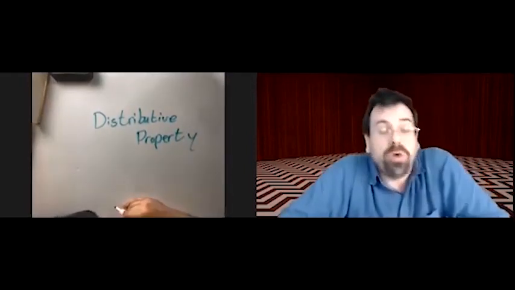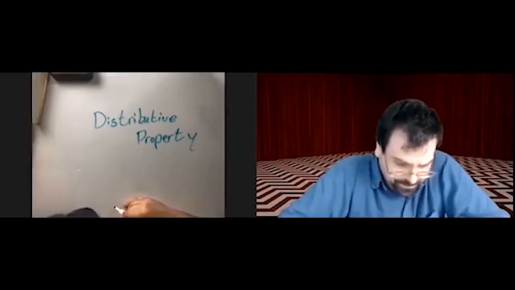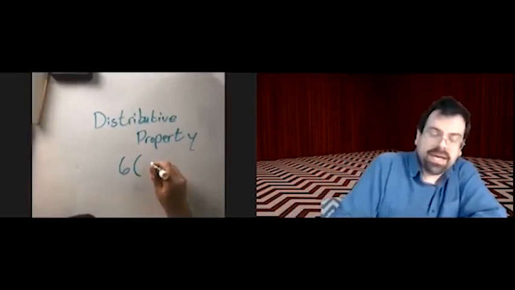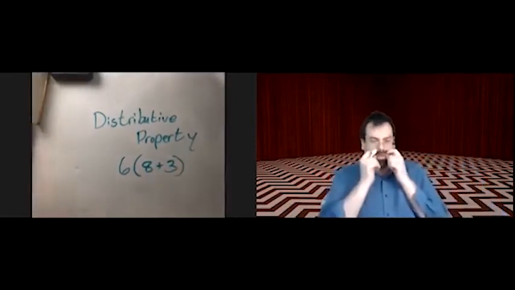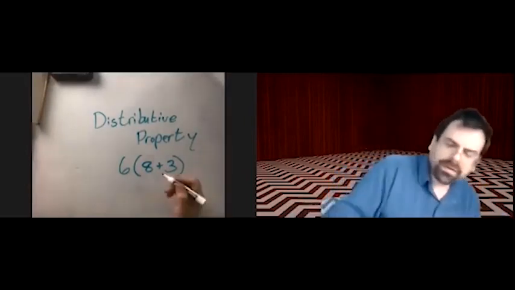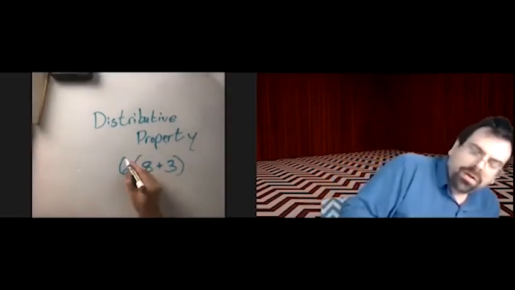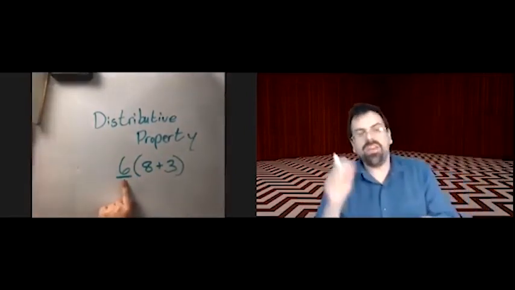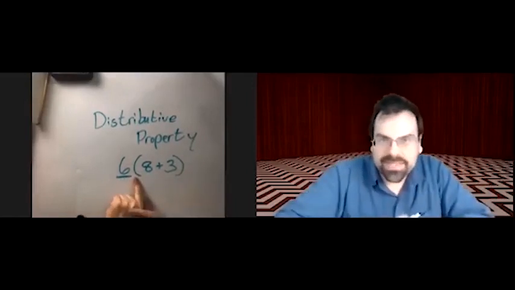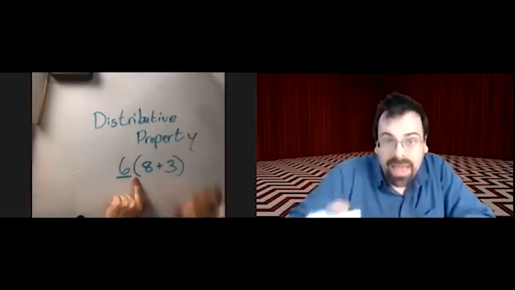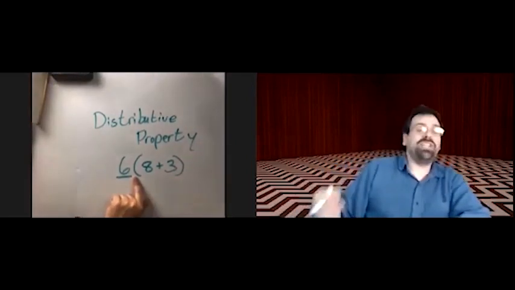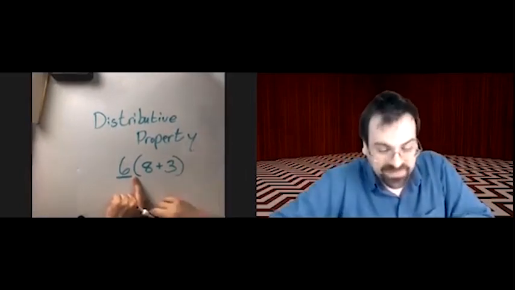I'm talking about the distributive property. If we have something like this, 6 times (8 plus 3), we can take what is on the outside, and when we have a number right up against a parenthesis like that, that means multiplication. Surprise, in the multiplication section, we have multiplication.